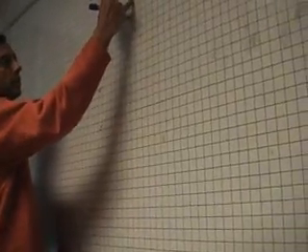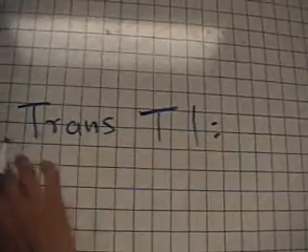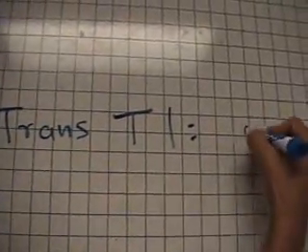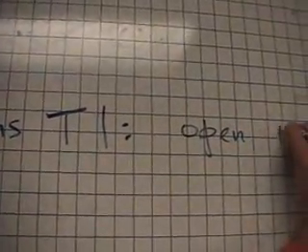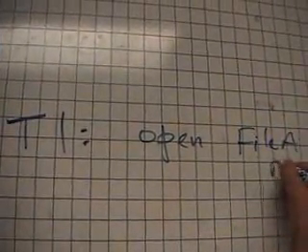So let's say that transaction T1 in this timeline opens file A, read write. Okay.